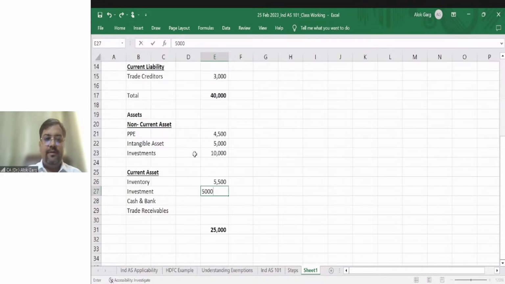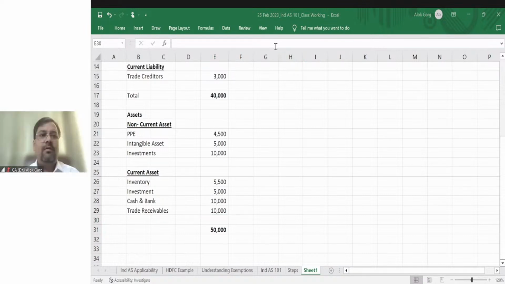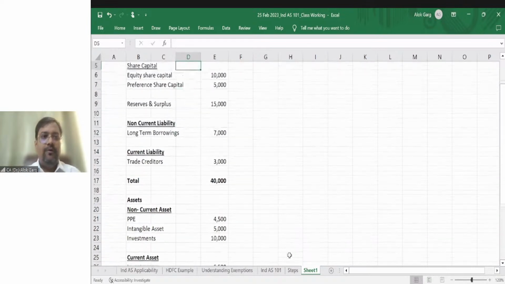Investment is 5,000. Cash in bank 10,000. Trade receivable 10,000. 5,000, 5,000, 5,000. I hope this is clear.